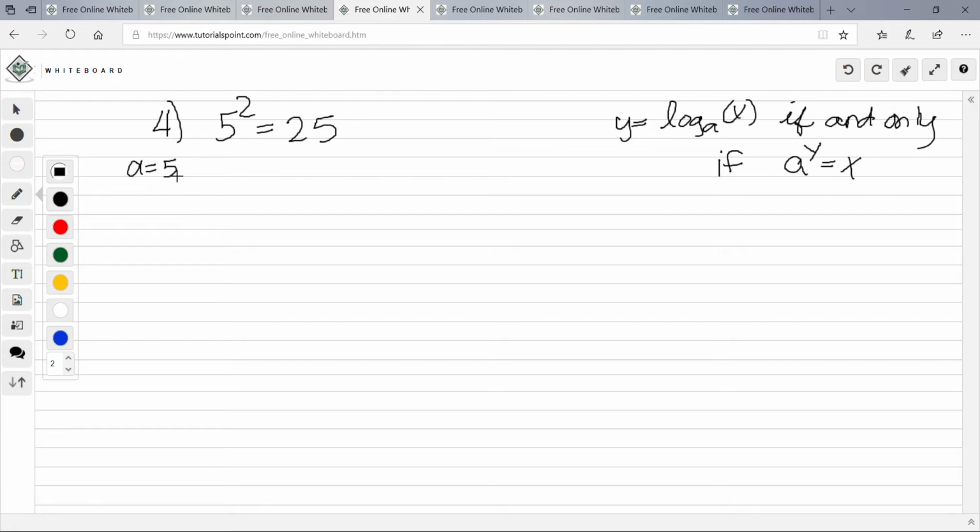Our a is 5, our y is 2, and our x is 25. So we put it in this form: y is 2 equals log, our a is our base, which is 5, and our x is 25. And that's your final answer.